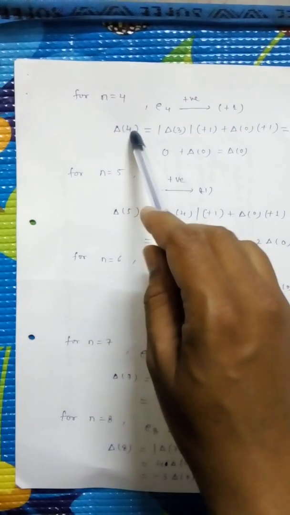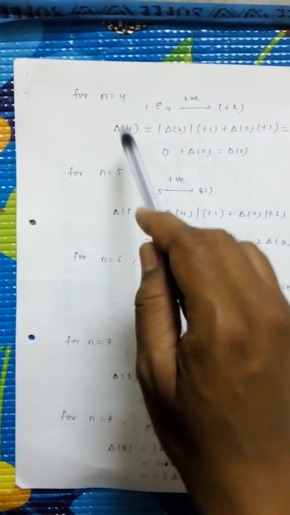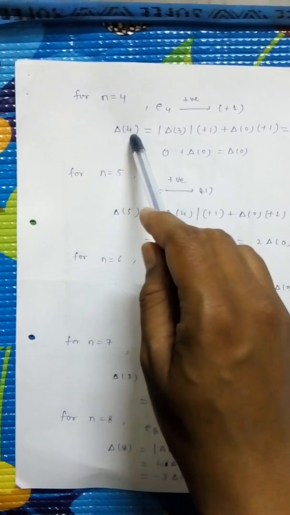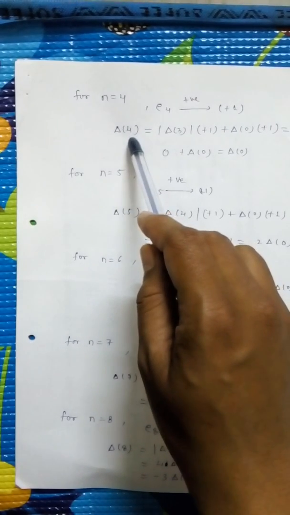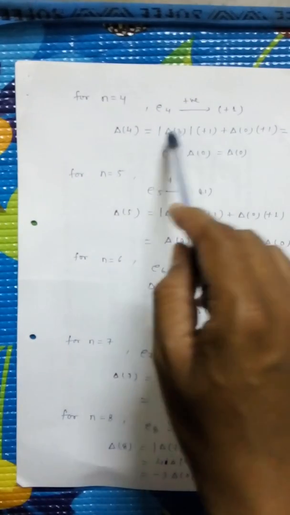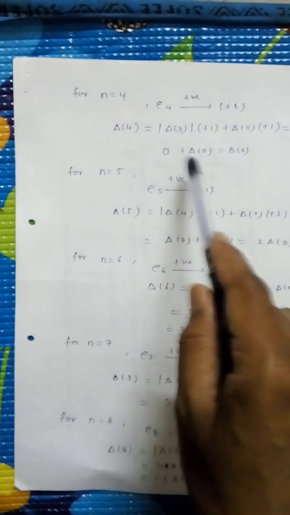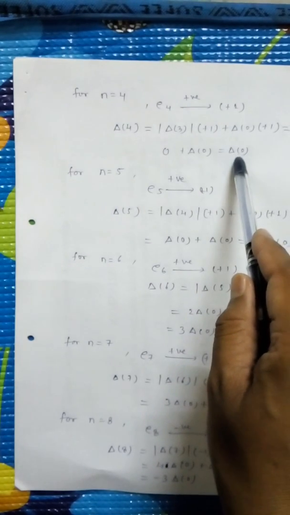Then delta 4 means the step size at time instant 4 or sampling instant 4. By using the formula we calculated delta 4, and we get the value delta 0.